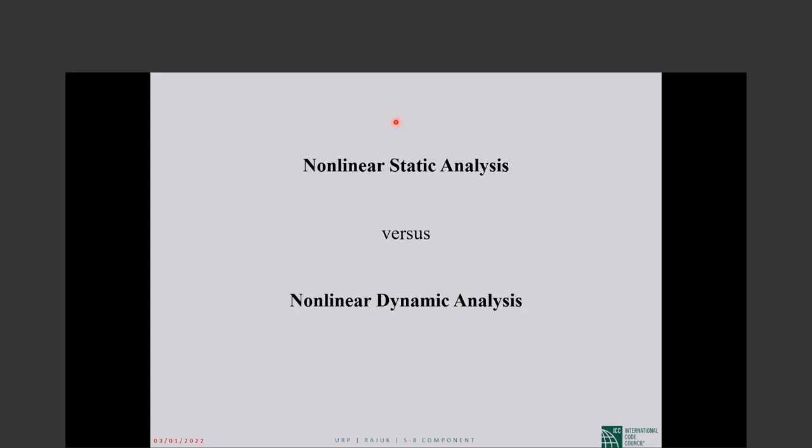The point is, there is lots of research that if you go and check the results of nonlinear dynamic analysis, that is a simulation of earthquake, with the results of nonlinear static analysis, the results are not quite the same. And we always use the nonlinear dynamic analysis as a judge.